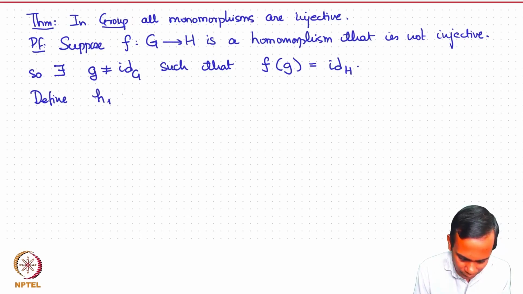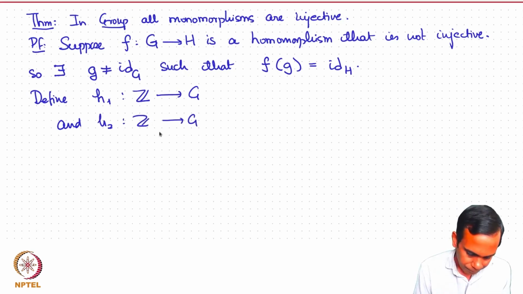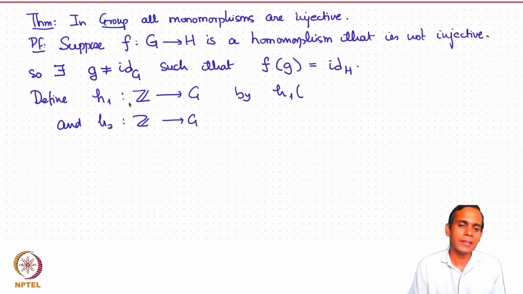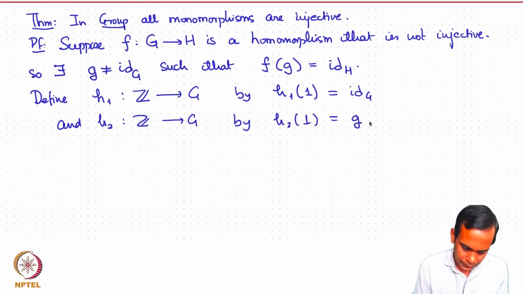So define h1 from Z to G and h2 from Z to G by, so a homomorphism from Z to G is completely determined by the image of 1. So this is the group Z with addition as the operation. By h1 of 1 is equal to the identity of G, and this one by h2 of 1 is equal to the element g.